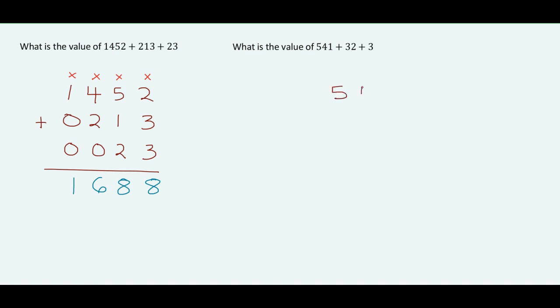5, 4, 1. Now we have 32, so 2 in the ones position and 3 in the tens position. So we're going to replace every blank spot with zeros, and then we can add the numbers together. Start right here. 1 plus 2, we have 3.